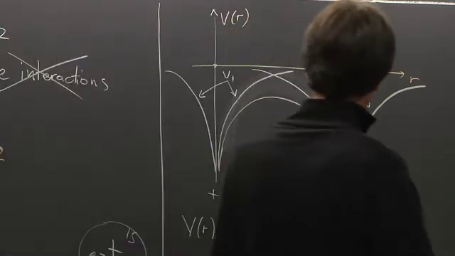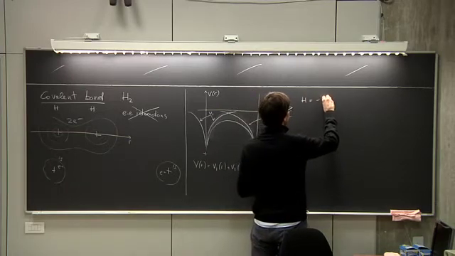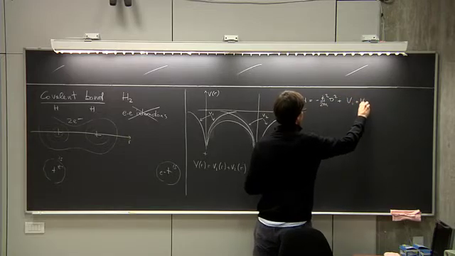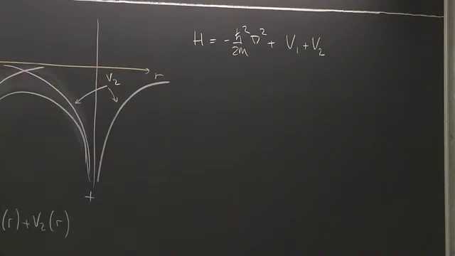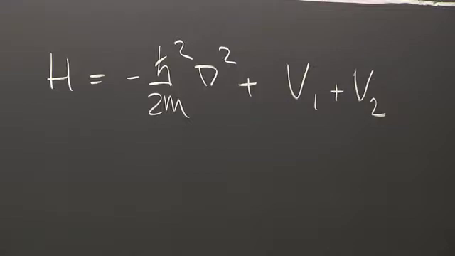So an electron living in this world will respond to a Hamiltonian which is given by the sum of the two potentials. So we need to solve this problem. The solution to this problem will give us the wave functions and the energies for our combined problem.